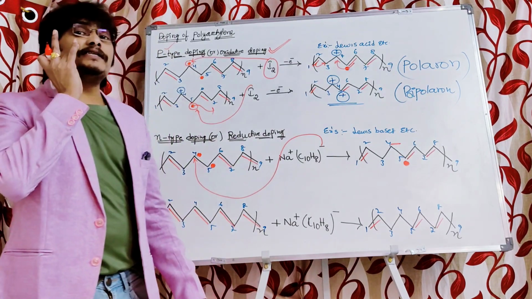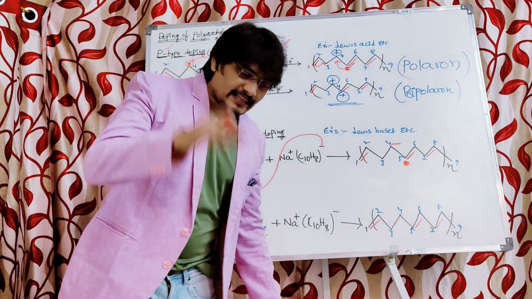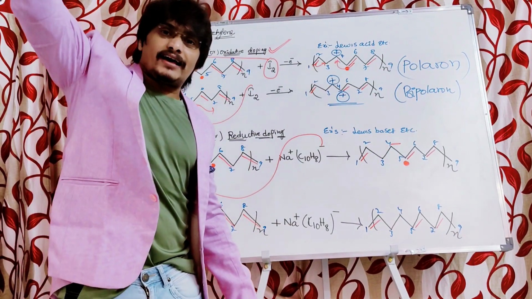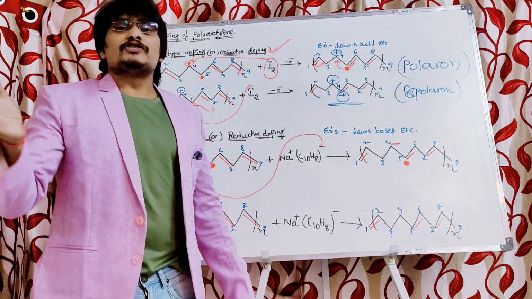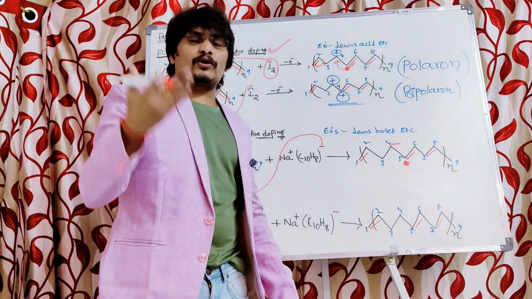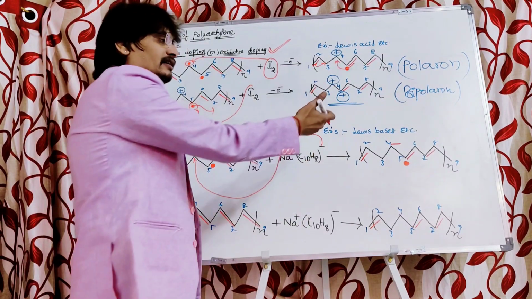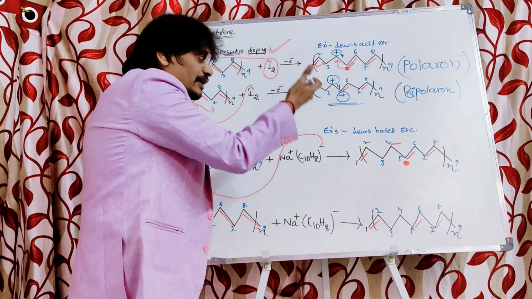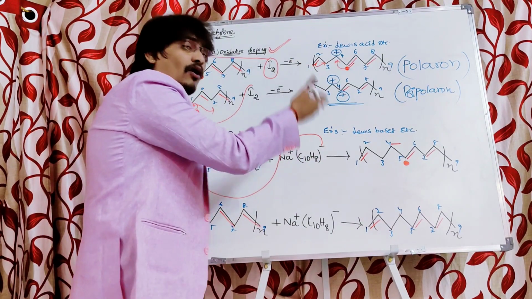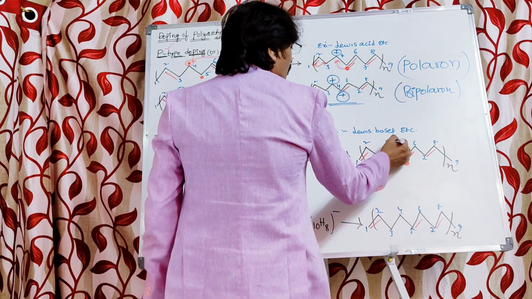Now already I have discussed that carbon is neither electron efficient to bear the negative charge nor electron deficient to bear the positive charge. So this particular molecule which has been formed is not stable, because the negatively charged carbon is present.